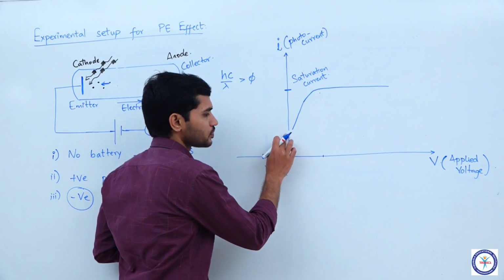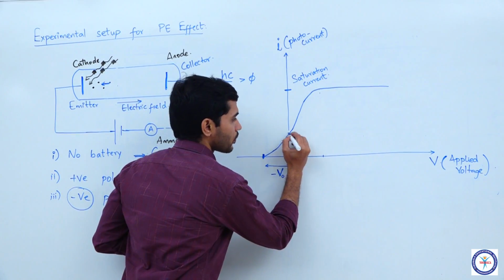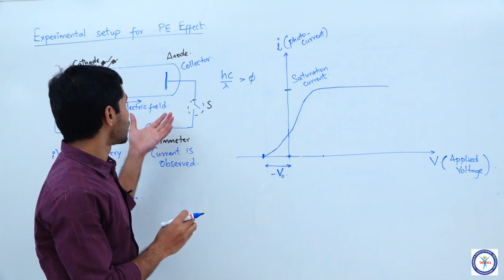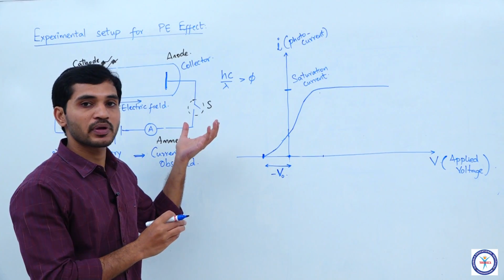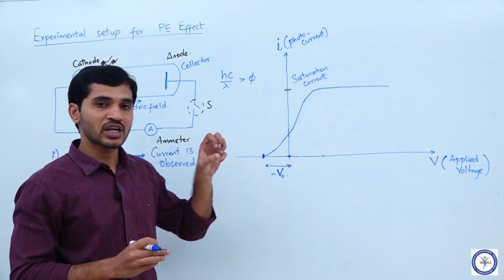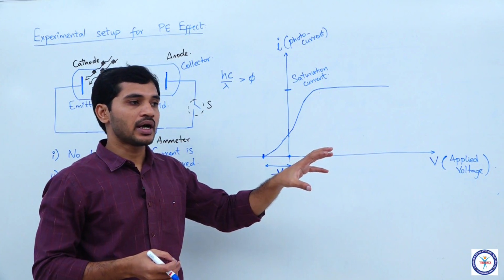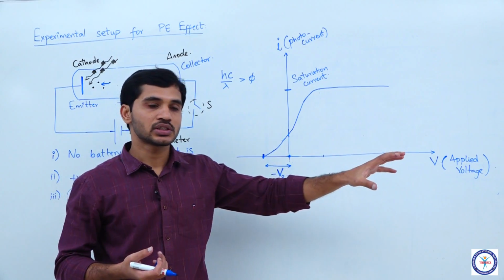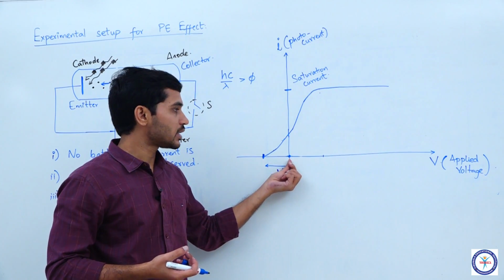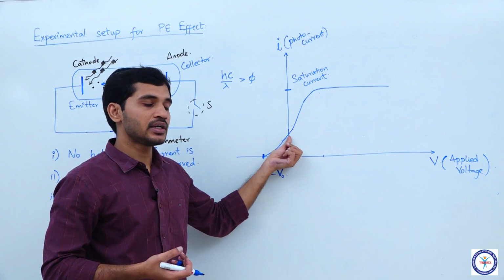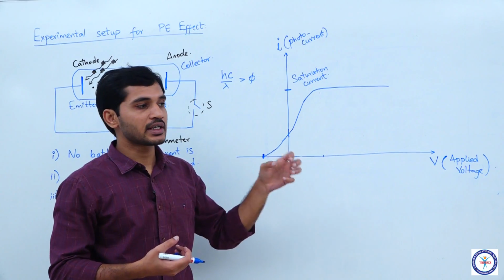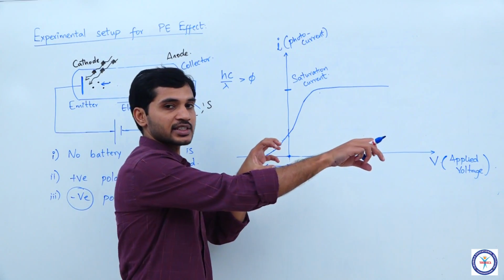It is pretty easy to understand once you get a proper idea of what is happening inside the tube. Electrons are coming out with some velocity, and the faster moving electrons will be able to reach. So, even when there is no battery, you can get a current, and if there is a battery with positive polarity, the electrons are pulled in this direction.